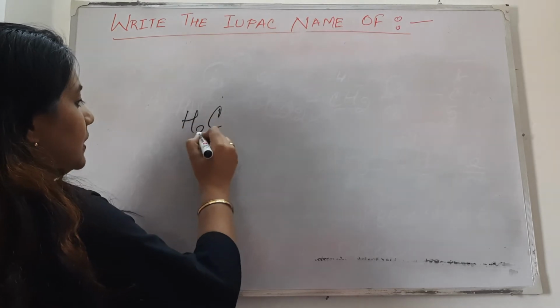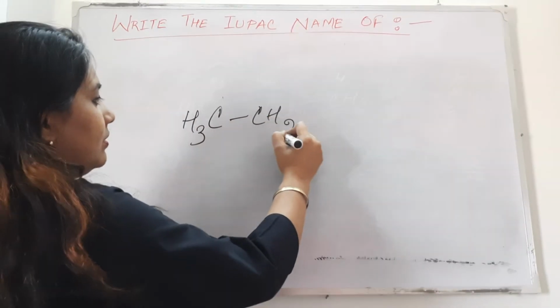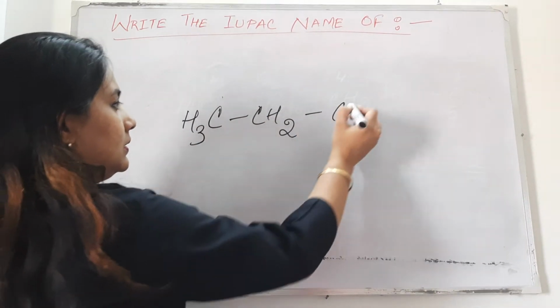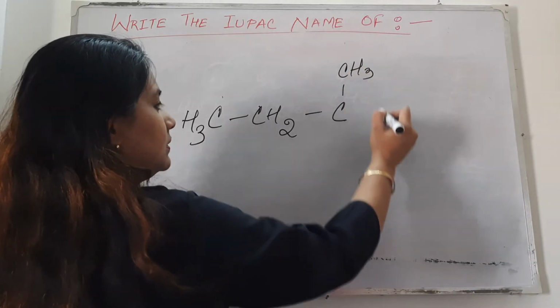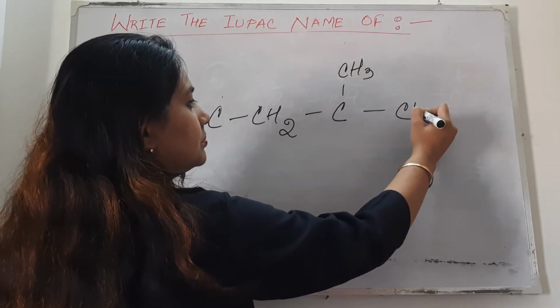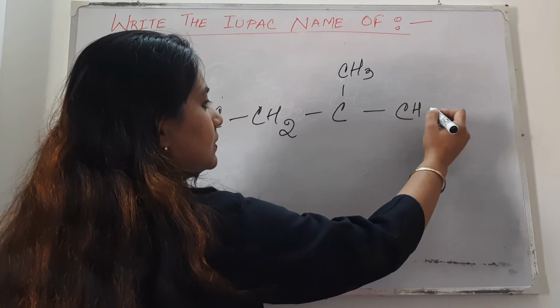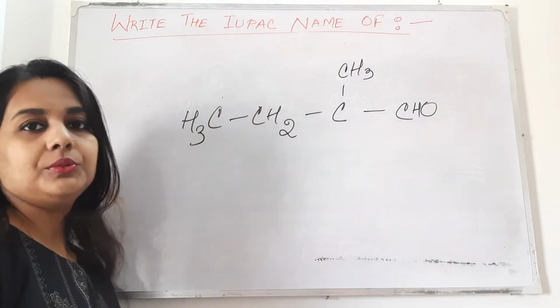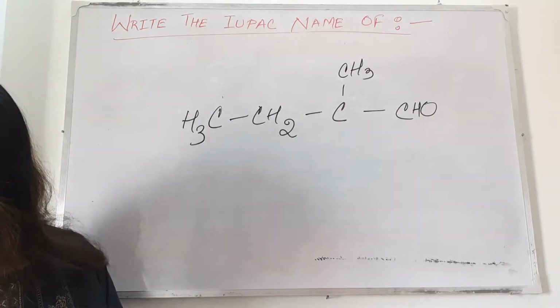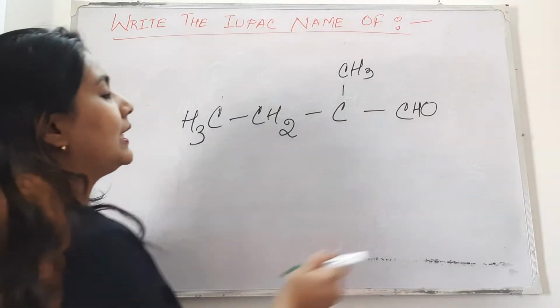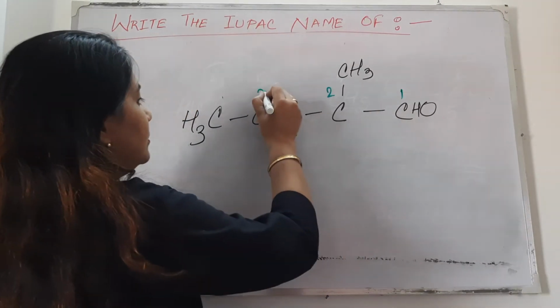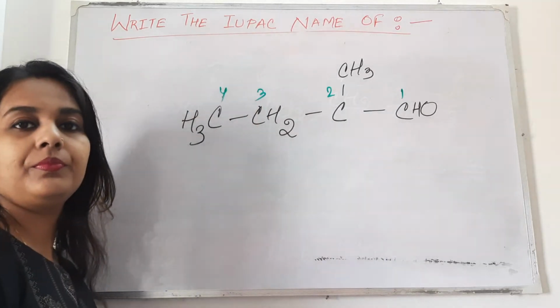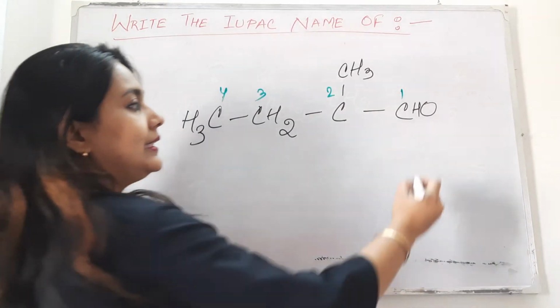Now suppose I have this kind of a structure. Okay. So the numbering will start from here 1, 2, 3, 4. And this is an aldehyde.